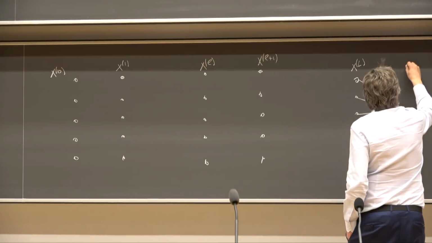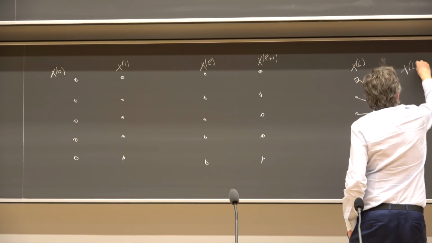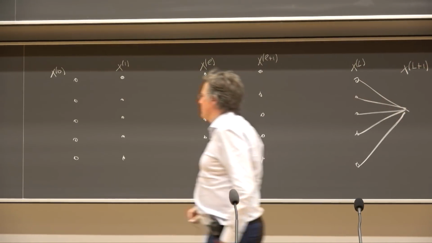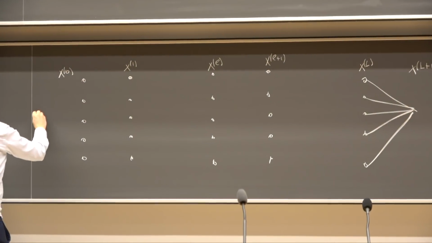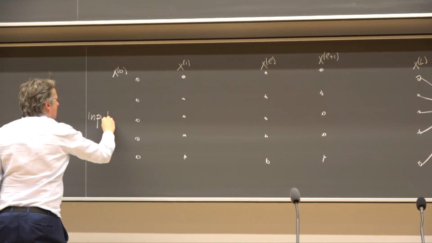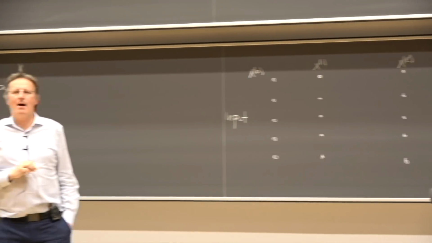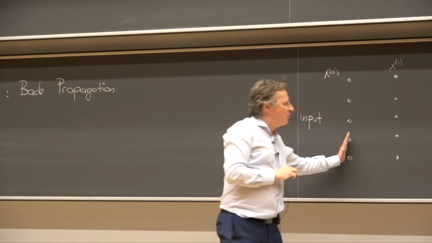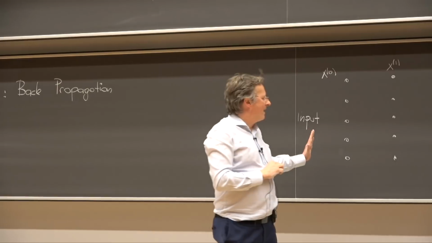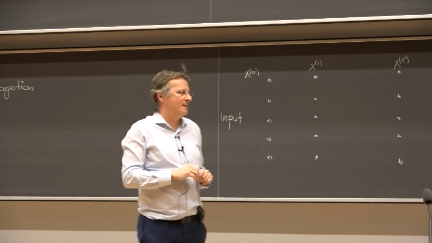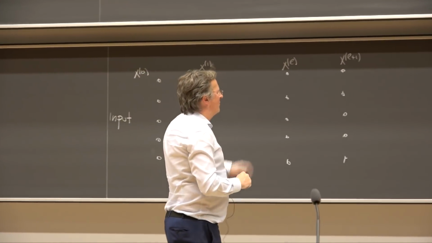So this here is the input. And then remember how this worked. We go from the input towards the output by a forward network.